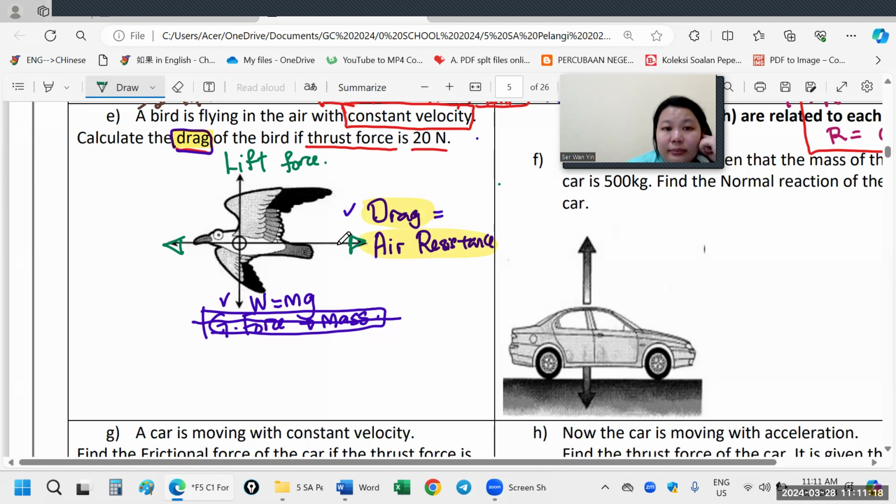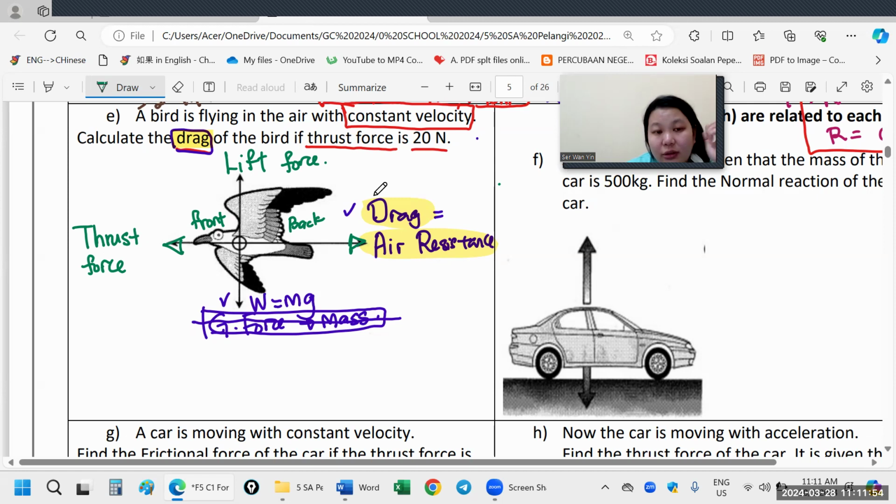Lift is a force, right? So may I know what is the name of the one in front? This is front, this is back. Yeah, thank you. Yes, this is thrust. So thrust is a force. Weight is the gravitational force acting on that object. Weight is a force. Drag is a force.